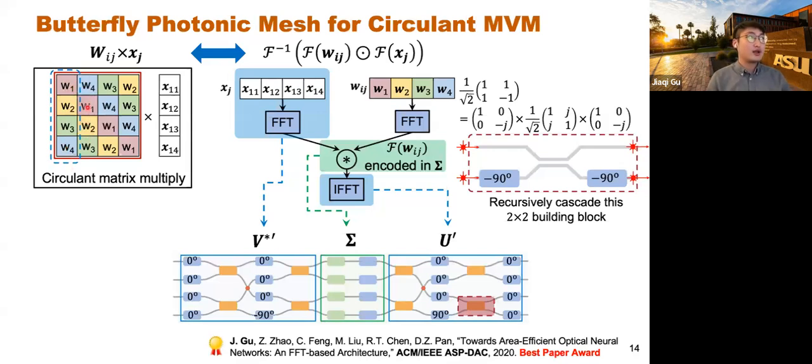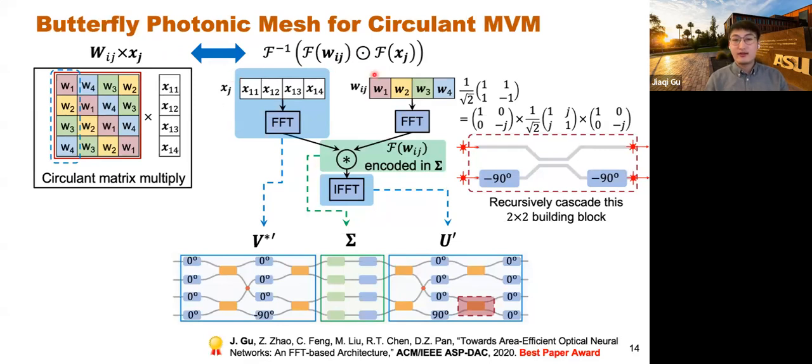Just shift W1 to the second element. And this special matrix-vector multiplication can be efficiently implemented using the Fourier transform. You convert the input vector and the first column of W into the Fourier domain through FFT and do element-wise multiplication. This is the Hadamard product. And then you convert the results back to the spatial domain through inverse FFT. You can get exactly the same result, but with higher computing efficiency.